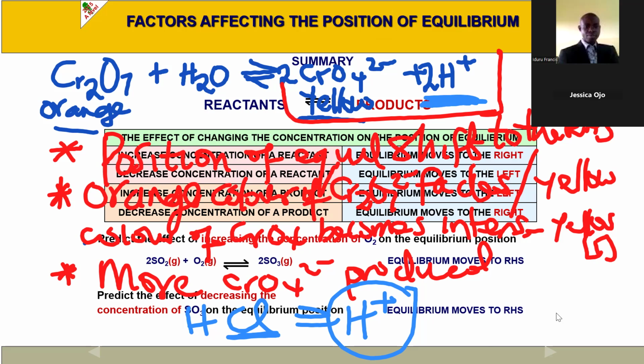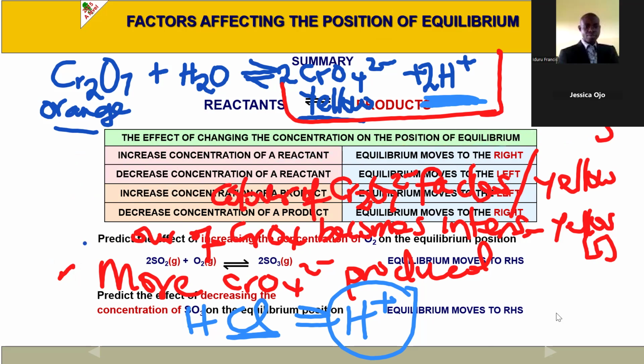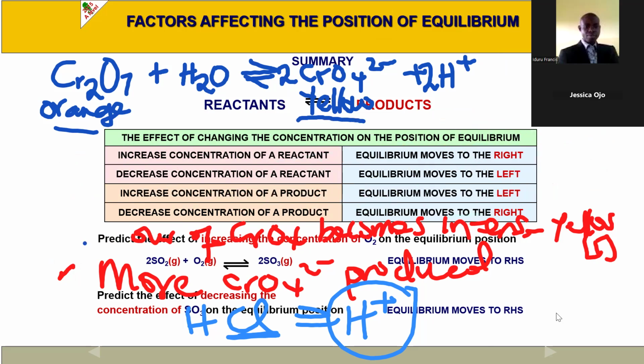So the overall product increases now. That will make the CrO4 2 minus plus H plus react to produce water and Cr2O7. So let's write the possible answer now. The equilibrium position will shift to the left-hand side.